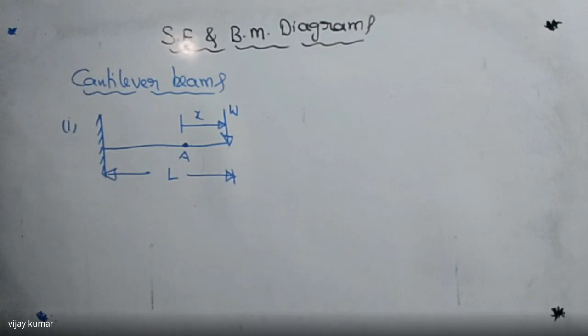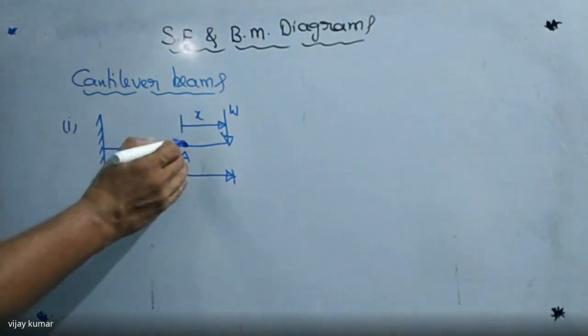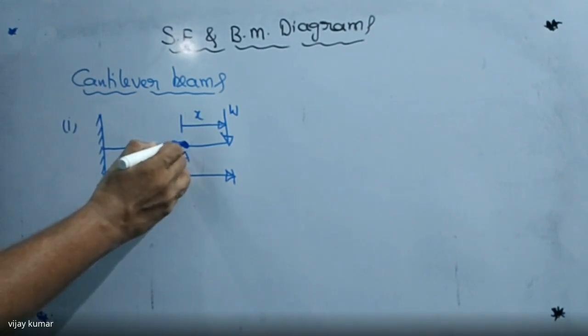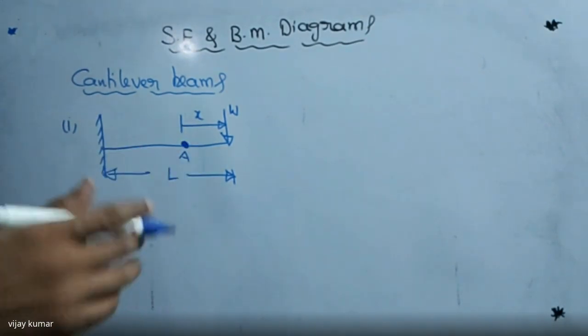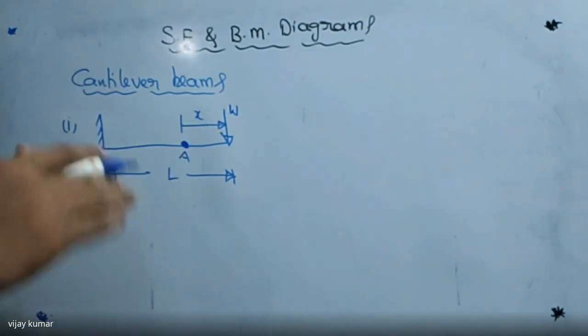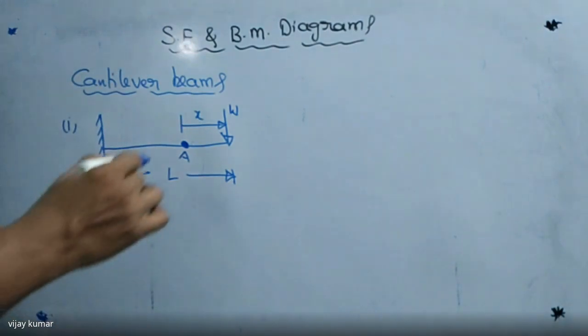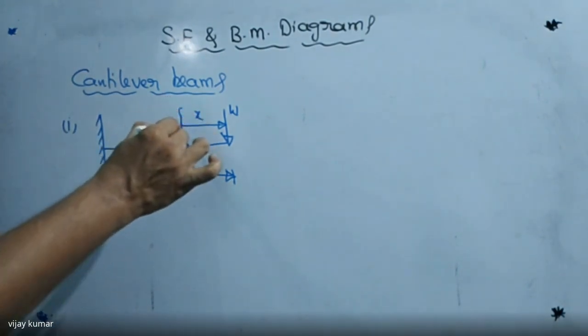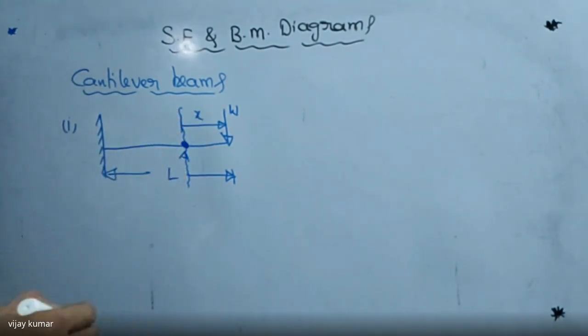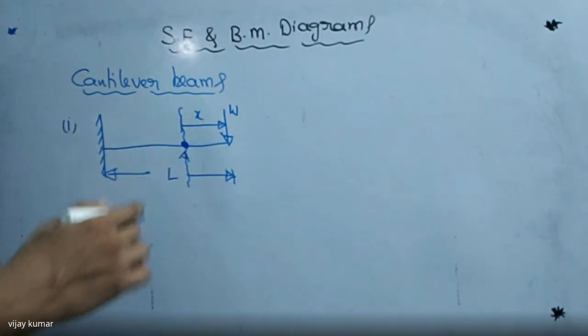Now what is the value of shear force at this point? What is the bending moment at this point? At the same time, where do we get the maximum shear force, and where do we get the maximum bending moment value? I want to find those things. So listen carefully. What is the procedure here? Divide this beam at this point into two parts, not equal but two parts.